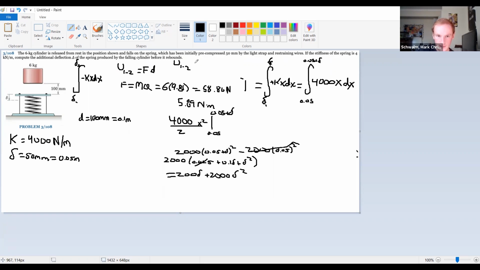So this is going to be our T equals T. All right. So we're going to set this equal to the U, because this T we just solved for right here in terms of deflection. And then this U, we're just going to throw down here, which is 5.89.